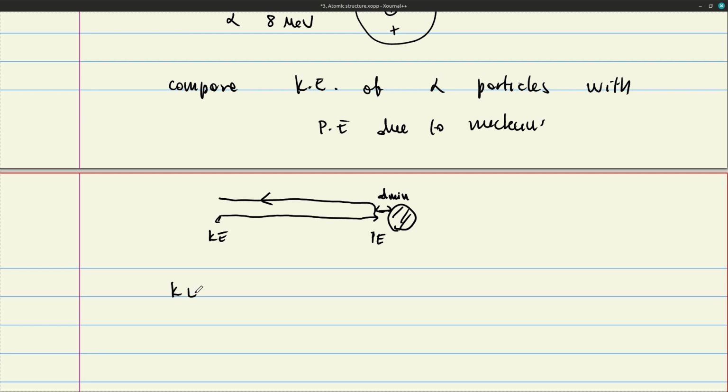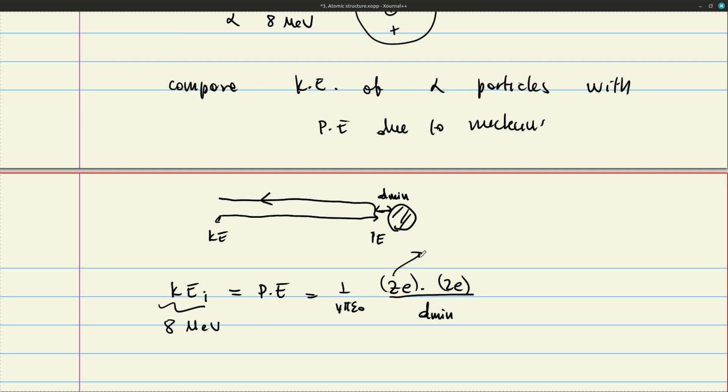So the initial kinetic energy is going to be equal to the potential energy at the return point, and this is going to be 1 over 4 pi epsilon naught, Ze times 2e, where 2e is the charge of the alpha particle, divided by d min. So this is 8 MeV.